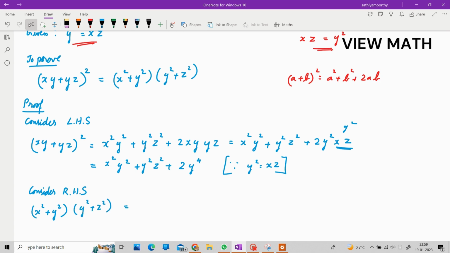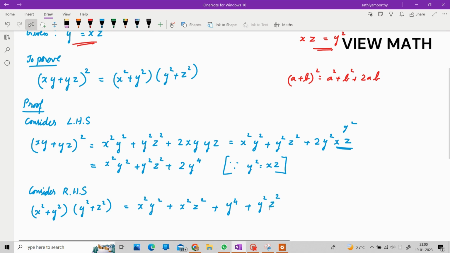Let me multiply: x square into y square, we get x square y square, plus x square into z square, x square z square, plus y square into y square is y power 4, plus y square into z square is y square z square.